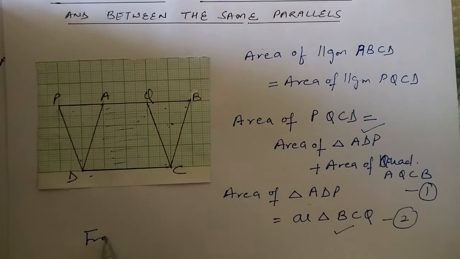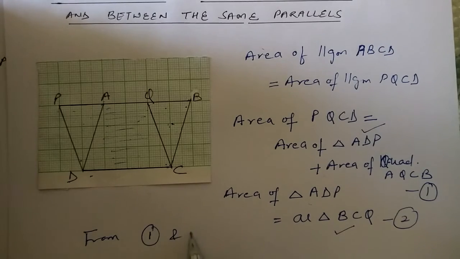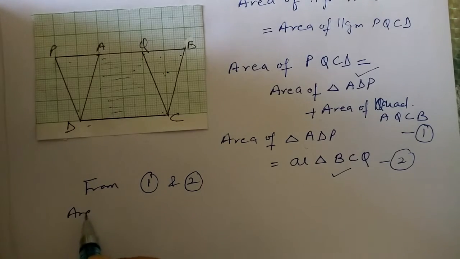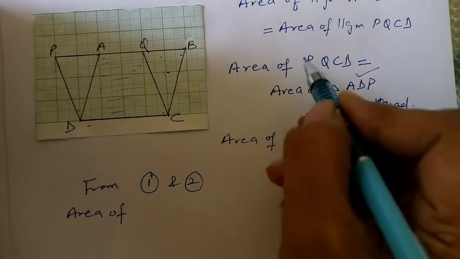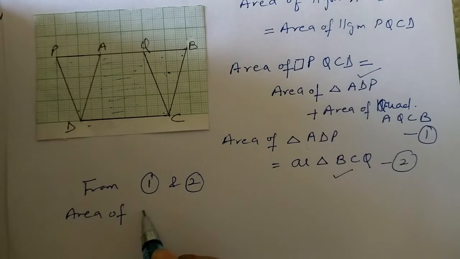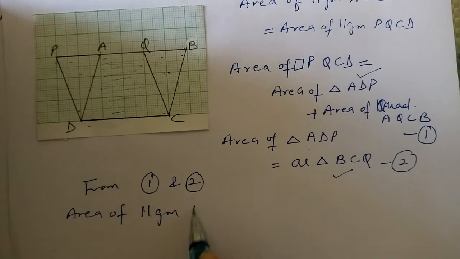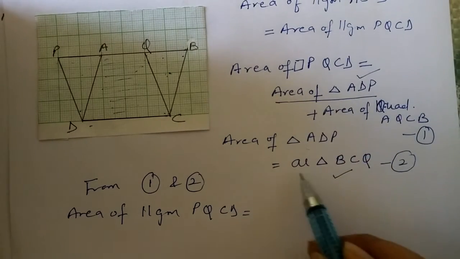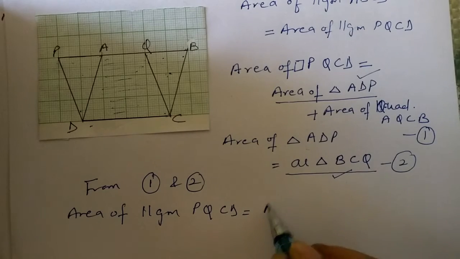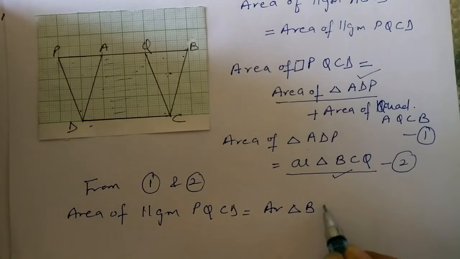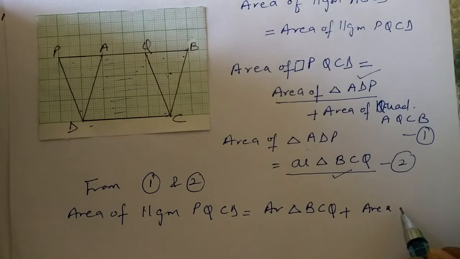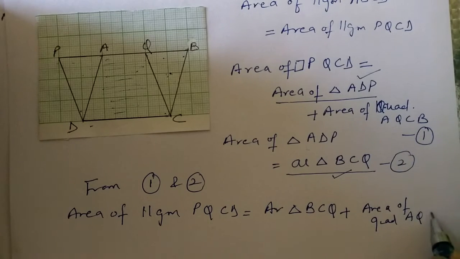So from 1 and 2 we can write that area of parallelogram PQCD equals area of triangle BCQ plus area of quadrilateral AQCD.